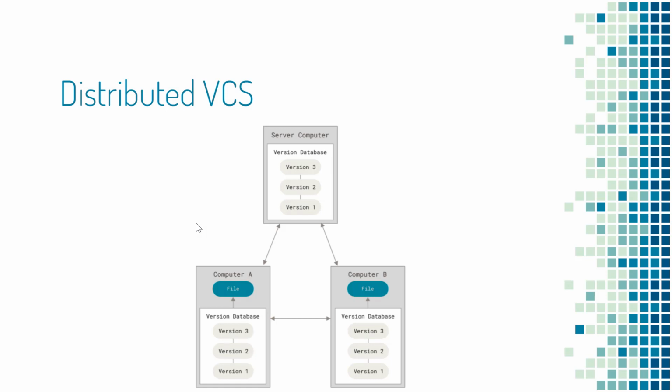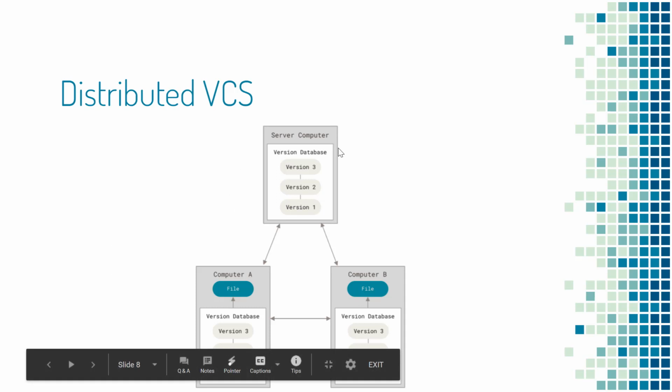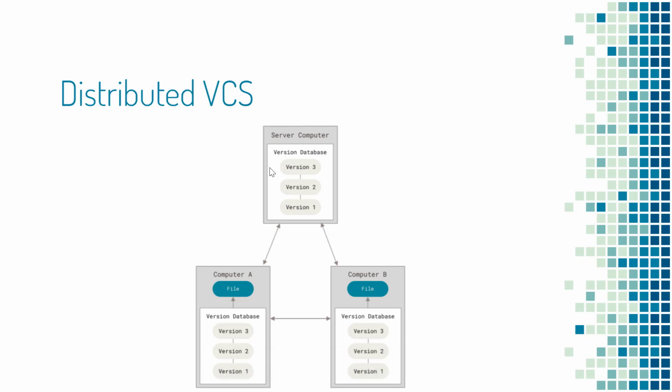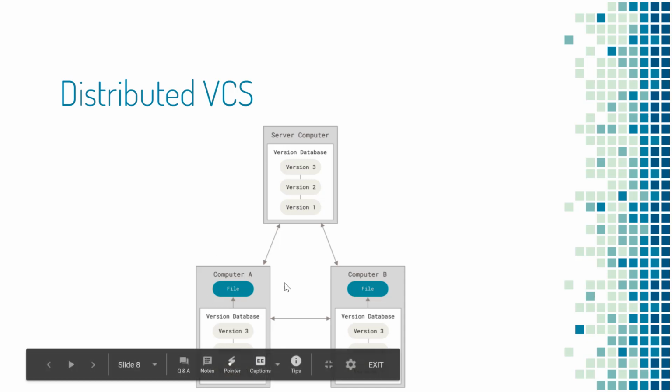After all these kinds of problems, people came up with distributed VCS. In distributed VCS, we have a remote repository which holds all the files. In addition, every developer will have a copy of the server information.